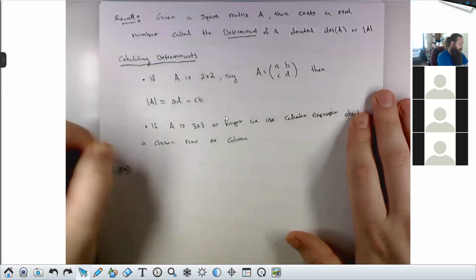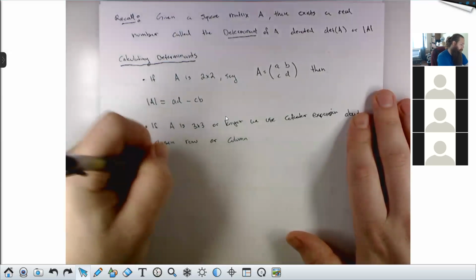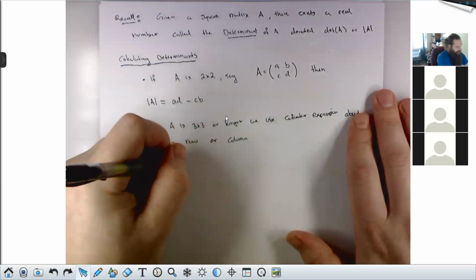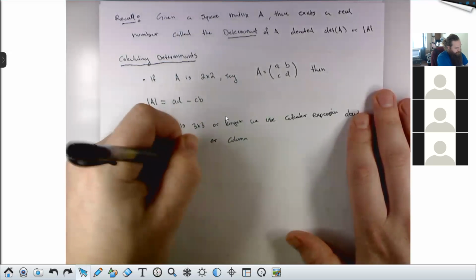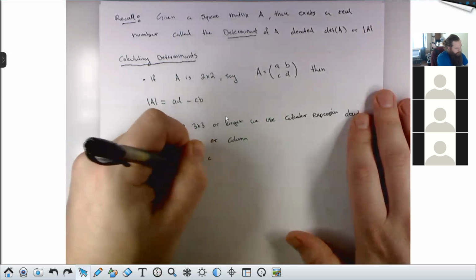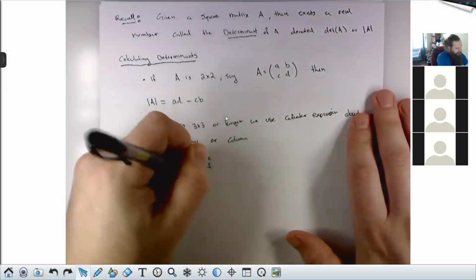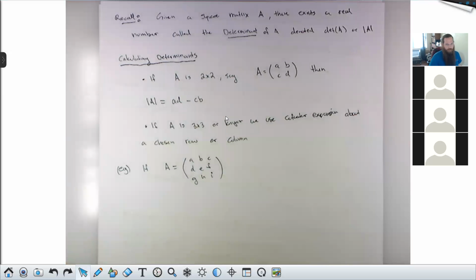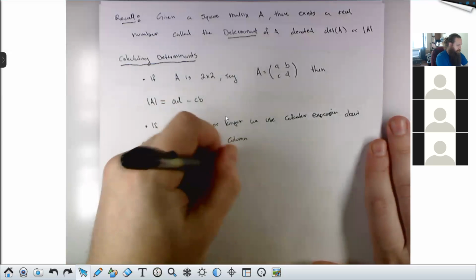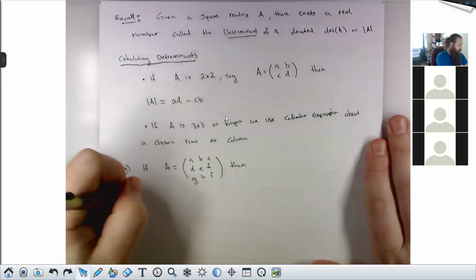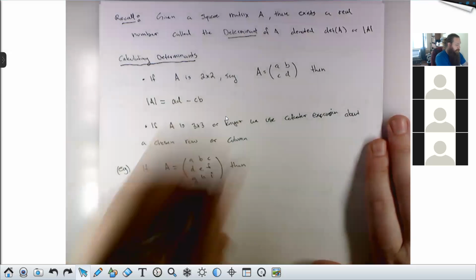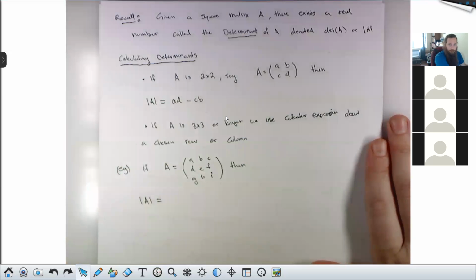So for example, if A is the matrix A, B, C, D, E, F, G, H, I. Forgive me using the letter E and I here. Again, just numbers. Then the determinant of A. At first you have to pick a row or column to expand about.